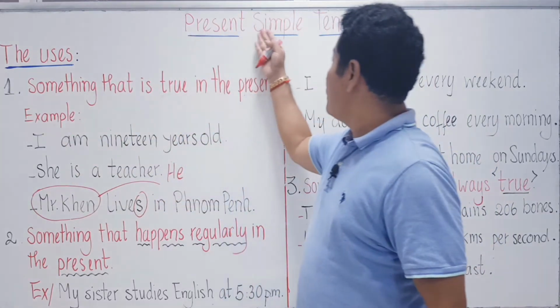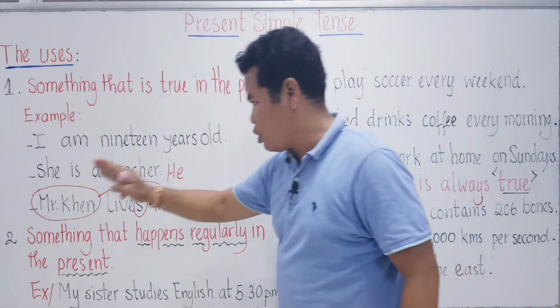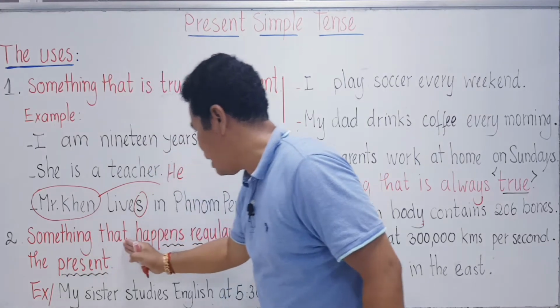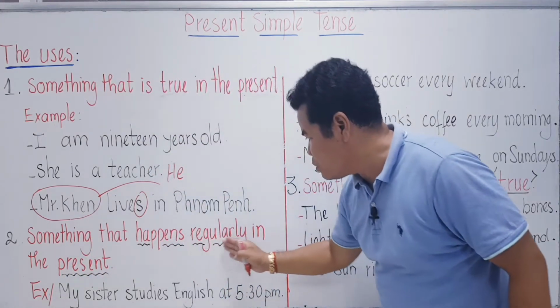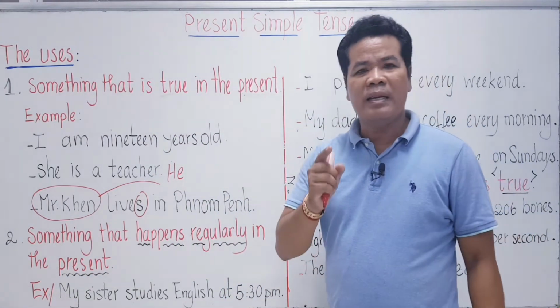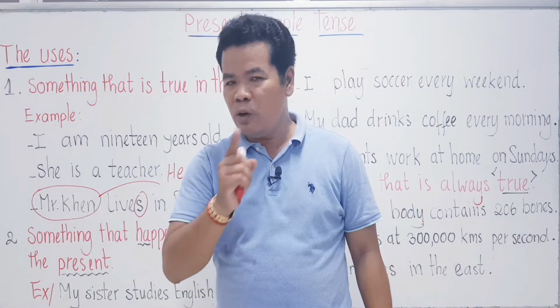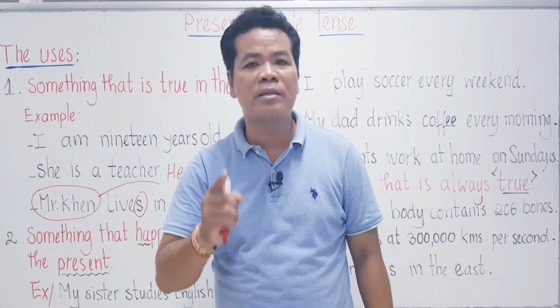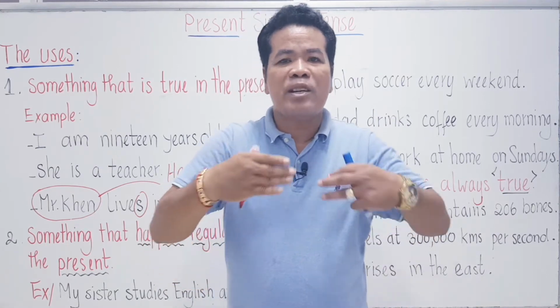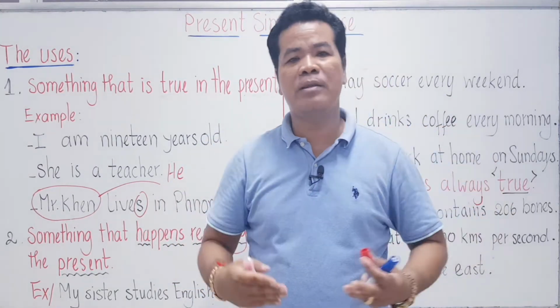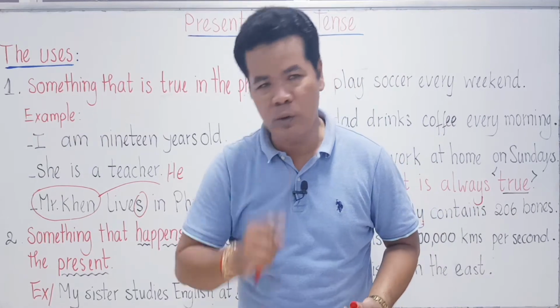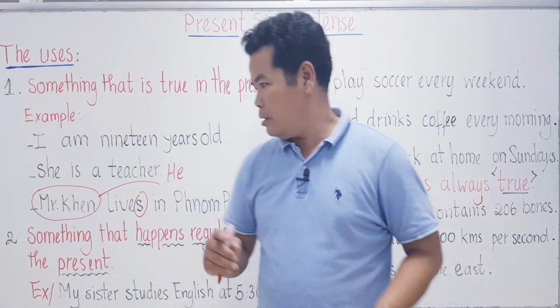We use the present simple tense again to talk about something that happened regularly in the present. It doesn't happen only one time. Just only one time or two times, no. It happens regularly. The actions, something that happens regularly, not just only one time. Right?